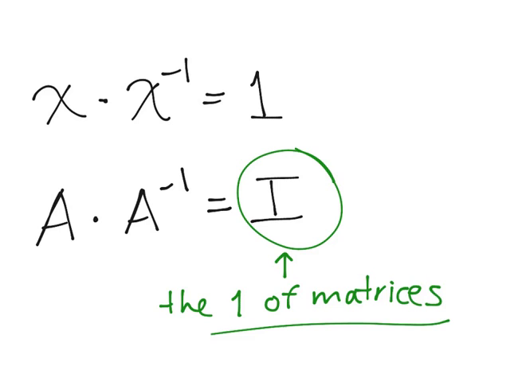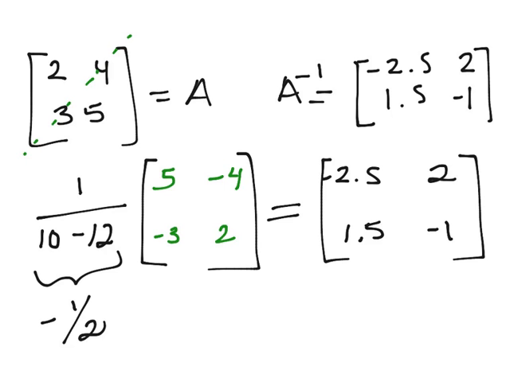So it's not just the number 1, it's the identity matrix, and the identity matrix has various dimensions. It depends on the A, and we will learn about that in the next video. So never mind, since we have time, let's work it out.